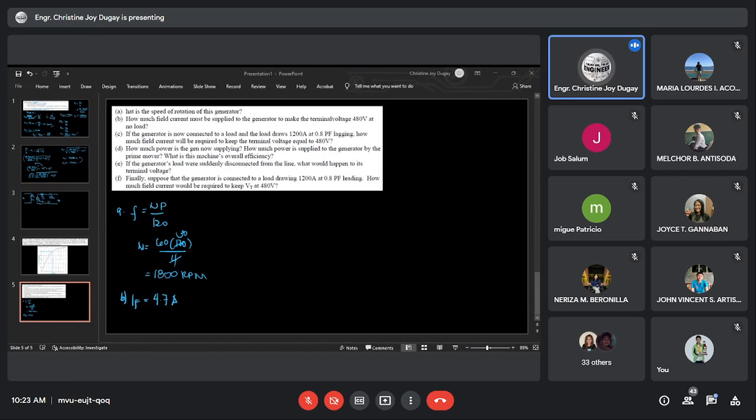If the generator is now connected to a load and the load draws 1,200 at power factor of 0.8, how much field current will be required to keep the terminal voltage equal to 480 volts? Paano natin mahahanap yan? Ang tinatanong po dyan is field current. Paano natin malalaman ang value ni field current?